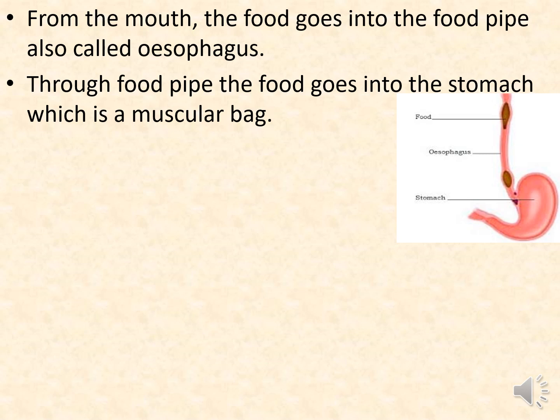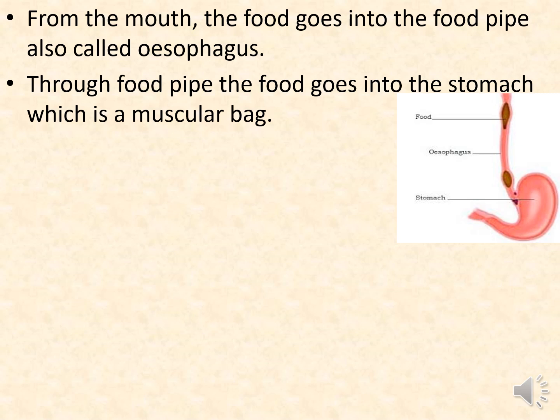Through the food pipe, the food goes into the stomach, which is a muscular bag. Now the stomach is made up of muscles. From the mouth, the teeth chew the food first, then the food goes into the food pipe, and through the food pipe it goes into the stomach. You can see in the diagram clearly. The brown part is the food, and you can see how slowly it is going from the food pipe to the stomach.